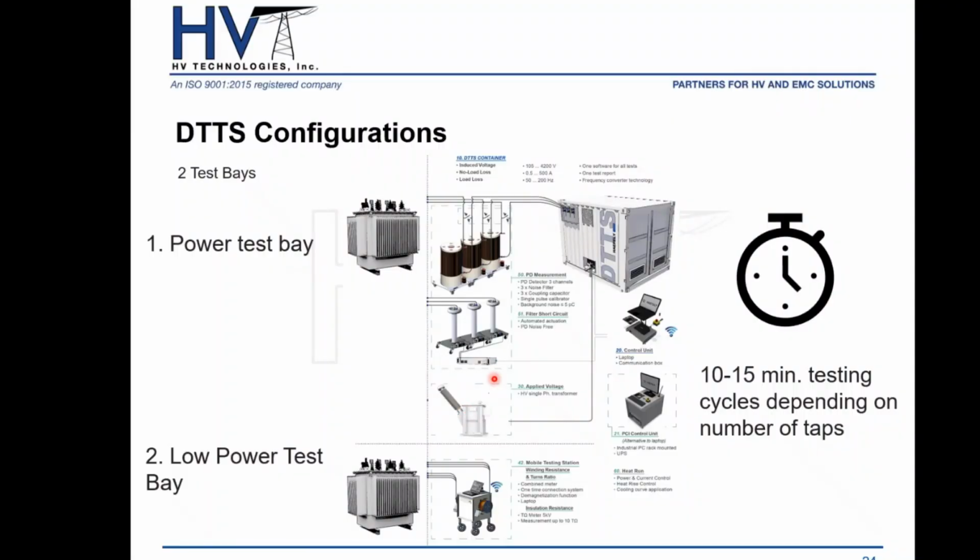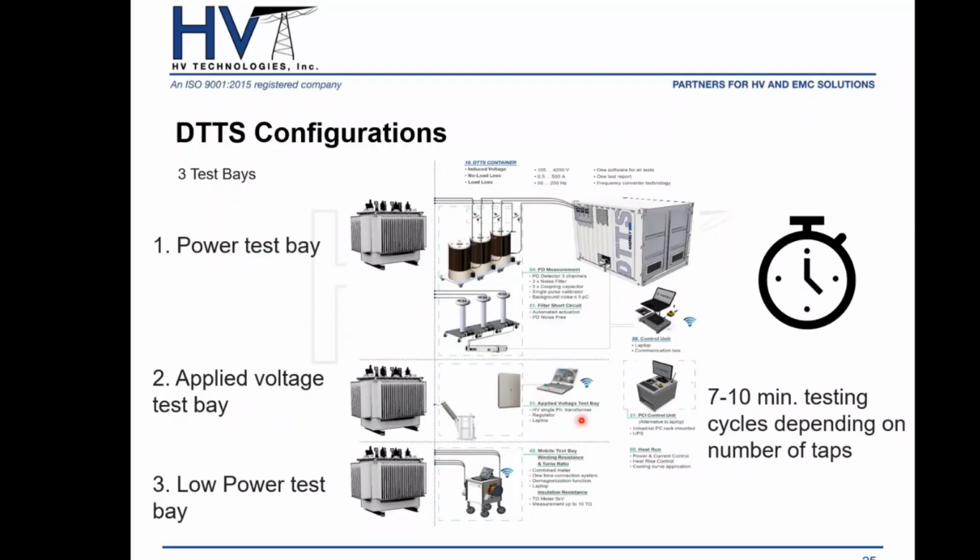If you notice here, the applied voltage test was part of the first bay. With a three bay solution, we can remove the applied voltage test bay and put it separately, so that now you can do on one transformer your induced, no load and load loss, on another transformer your applied voltage, and on another your low power test, and then swap between them, and that could considerably lower your testing times.